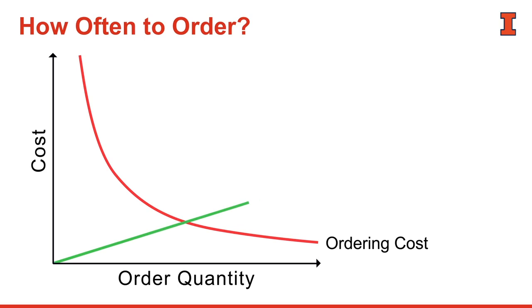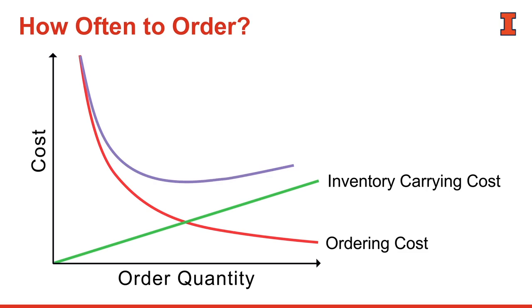The inventory carrying cost, on the other hand, increases linearly, as a straight line. When you add the two together, you get a total cost curve which drops rapidly initially, then seems to flatten off and then gradually increases. The minimum total cost can be obtained where the inventory carrying cost curve and the ordering cost curve intersect. That gives me the location where I get the minimum total cost. And if I'm trying to minimize total cost, that should be my order quantity.